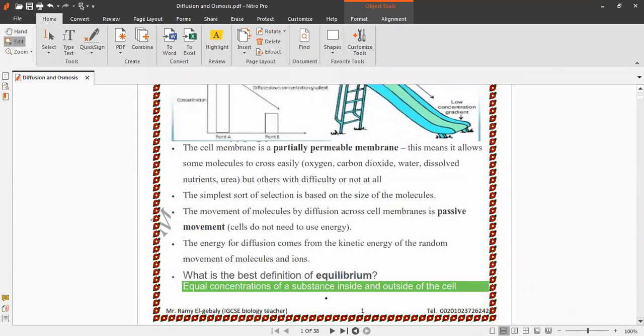Like when you put a spot of ink in water, what happens? The ink particles diffuse or spread in the liquid from high concentration, here the ink, to lower concentration, here the water.